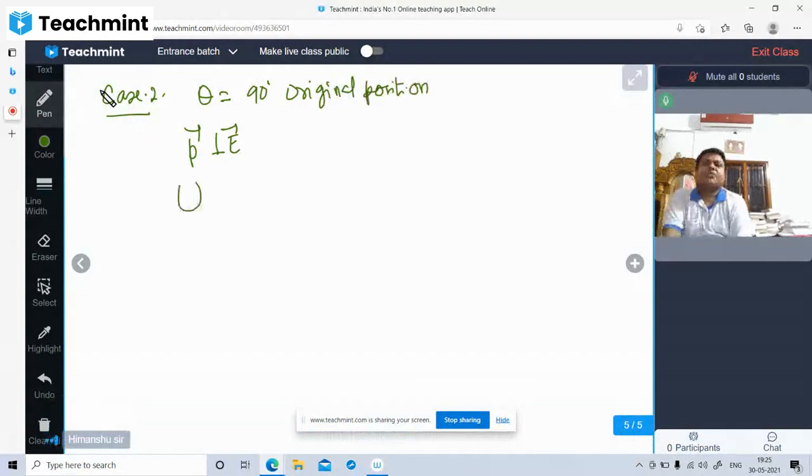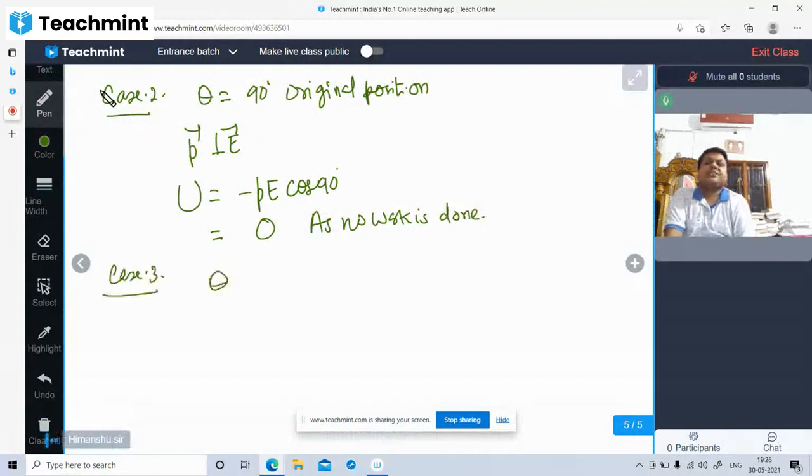So U is equal to, the formula is also suggesting the same, minus PE cos theta. Cos theta is cos 90, so it is equal to 0, as no work is done. Understood?